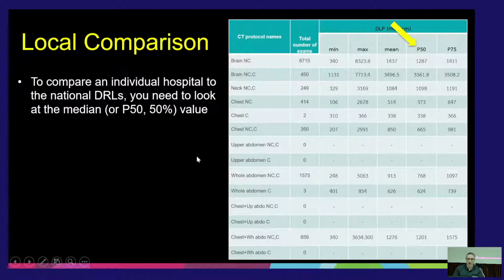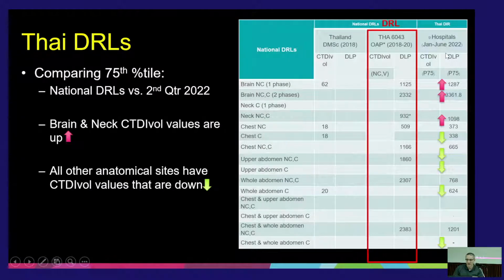So here are the values for the one hospital, and here is that hospital's median values compared to the DRLs. If we put my little arrows here, you can see that the median values are higher than the DRLs for DLP. So not only is the CTDI high, but so is the DLP.